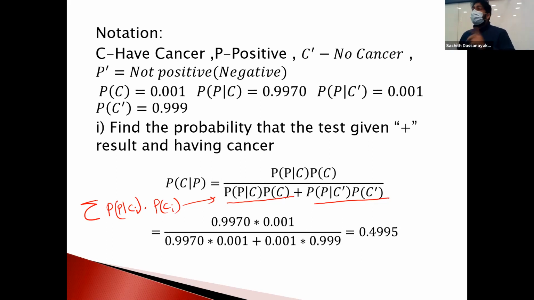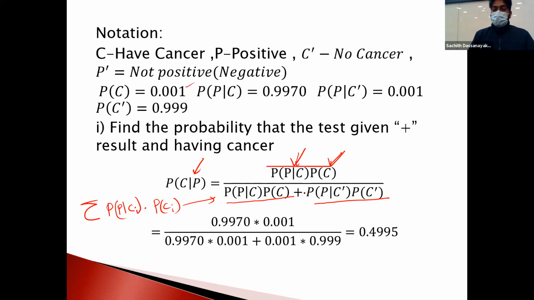Now what do you know? Yes, questions? No. Now check, this is the posterior, and this is the prior. Remember that? You need to find this posterior, which means the probability of C given P. So you know this one. Let's check, do we have these values? Probability of P given C, yes, we have. Probability of C, we have that somewhere here.